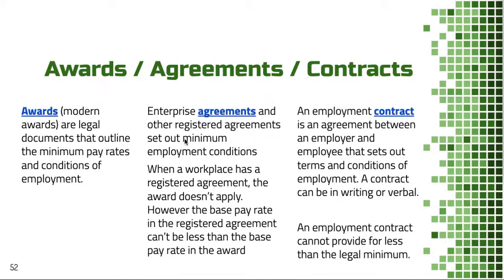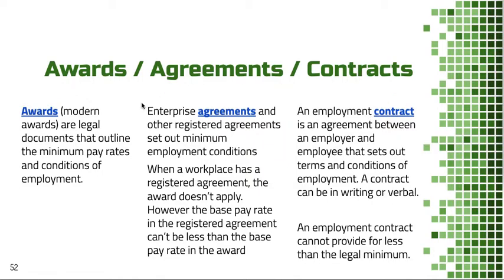But if you work under an agreement with a specific company in an enterprise agreement, they can actually choose to pay you more. Now, why would they choose to pay you more? Well, because they want to keep you in their company and stop you from going to other companies. So that's why they might increase the amount of money that they think you're owed. Okay? You can't just make an agreement with your boss and be happy with it. That would be a contract. I'll get to that in a minute.